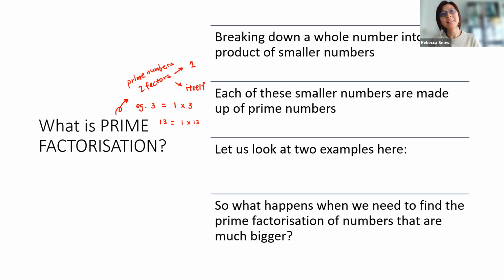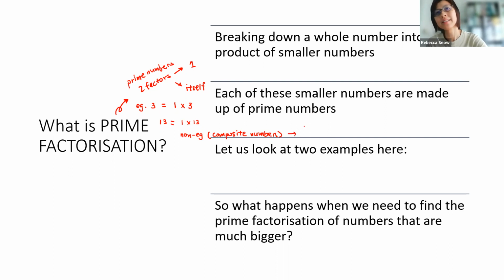On the flip side, let's explore the non-examples of prime numbers. So what are numbers that are not prime? So numbers that are not prime are basically called composite numbers. And this means that they have actually more than 2 factors.